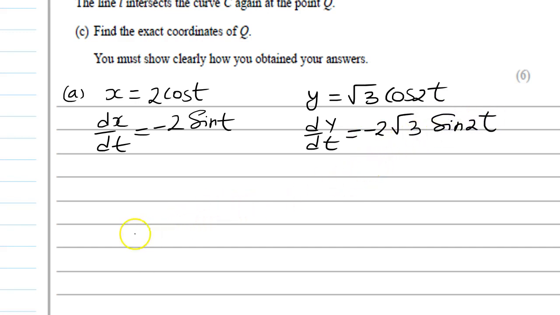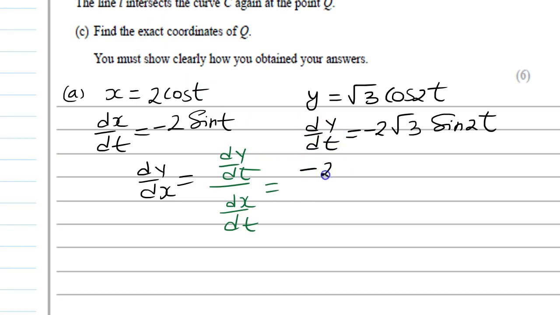So dy by dx, you can write dy over dt and dx over dt. dy over dt is minus 2 root 3 sine 2t, and dx over dt is minus 2 sine t.